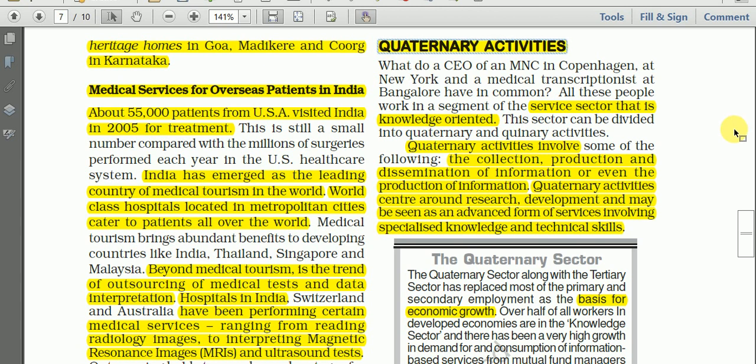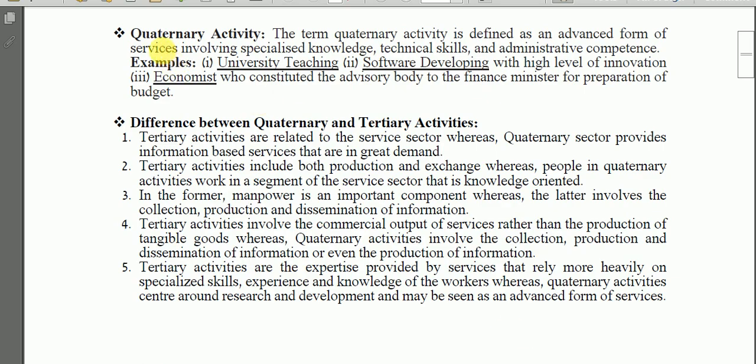Quaternary activities. What does it mean? See here, quaternary activities refer to the service sector that is knowledge oriented. So we can define quaternary activities as follows.